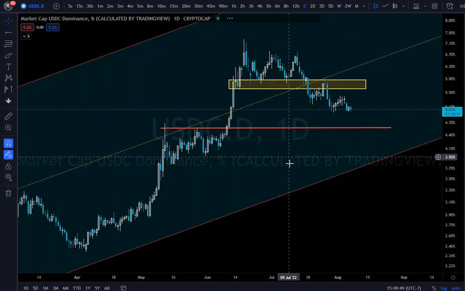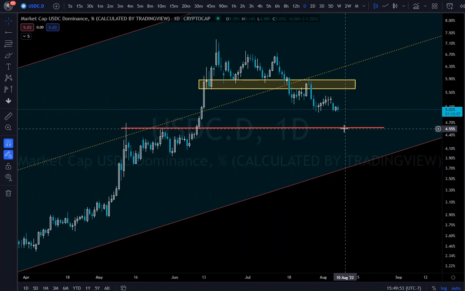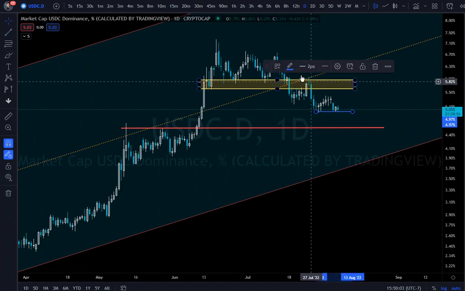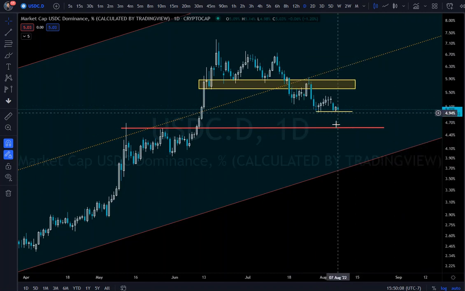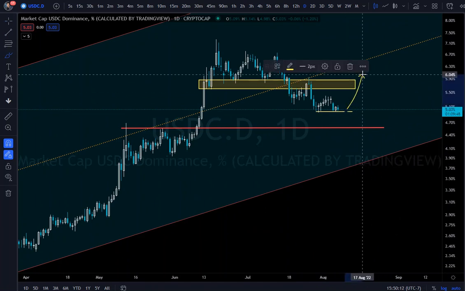Look at the USDC dominance again. Here is a support for USDC. This support is very important. However, here we can see a minor support. If that support can hold, we can see a bounce here, and again this bounce means we are going to see downside in the market.